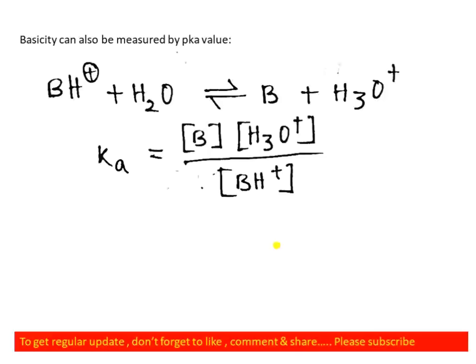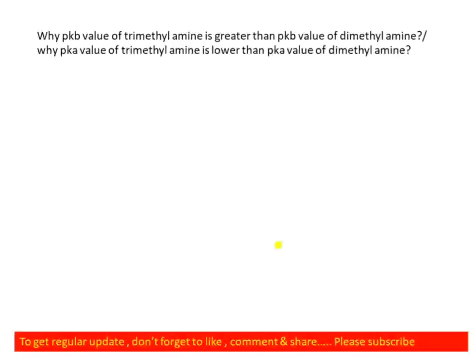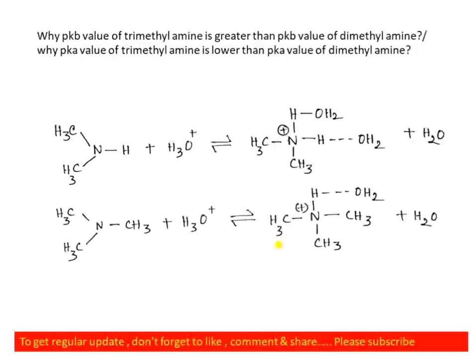Now the question is why the pKb value of trimethylamine is greater than the pKb value of dimethylamine. This is because of the influence of solvent on acidity and basicity. So acids on ionization generate their conjugate base. These anionic species strongly polarize nearby solvent molecules.